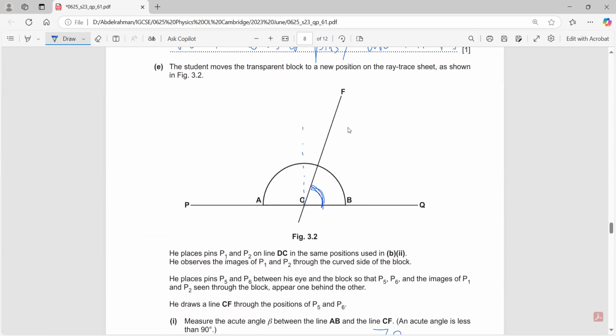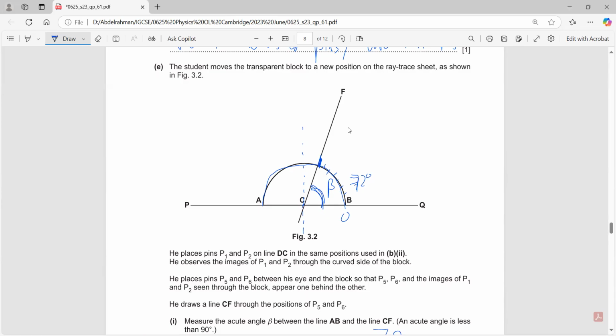Do you have to measure the angle? No. How should you position the protractor to find angle beta? Position it like this, on the semicircle, measuring 0, 10, 20, 30, 40, 50, 60, 70, 72. This is angle beta, 72 degrees.